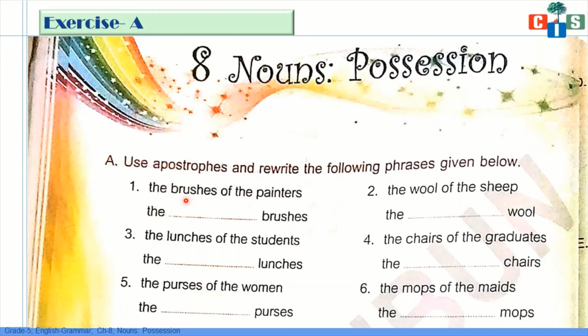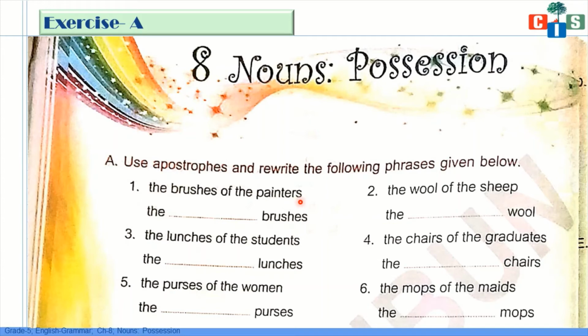So, the brushes of the painters. I am talking about brushes. Whose brushes? Painters' brushes. So it means the brushes belong to the painters. Painters are the owners of these brushes. Am I talking about painter or painters? I am talking about painters.